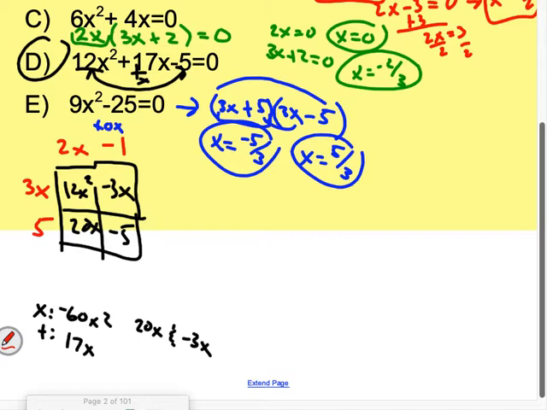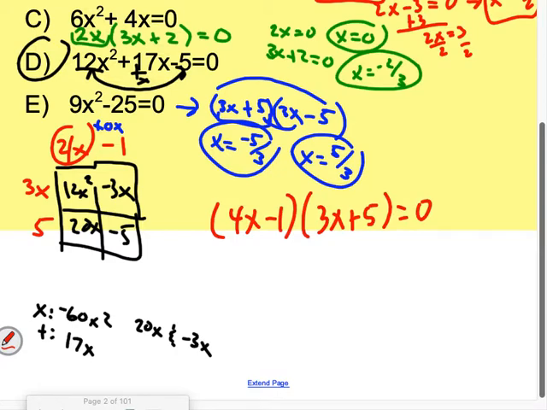Check by multiplying. Nope, something isn't right. I can take a 4 out of those, not a 2. That looks good. So the factorization is 4x minus 1, this is a 4 here now, times 3x plus 5 equals 0.